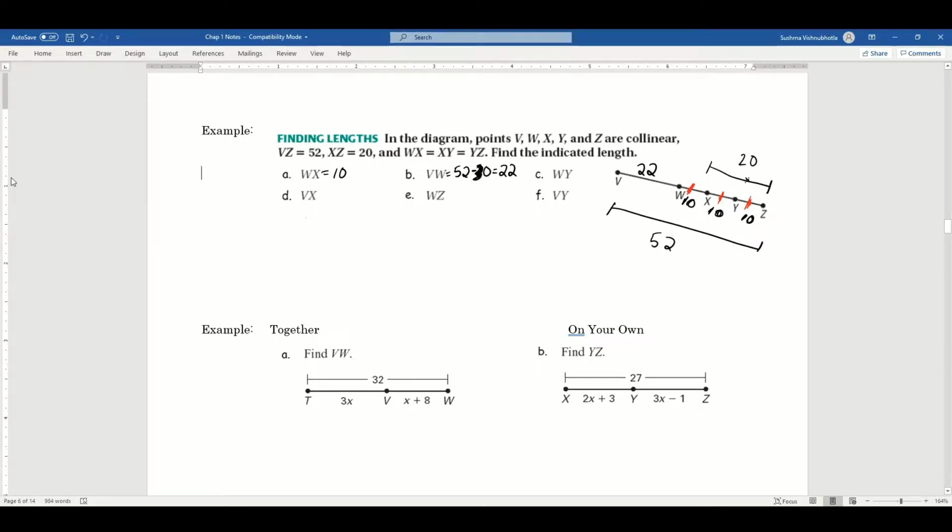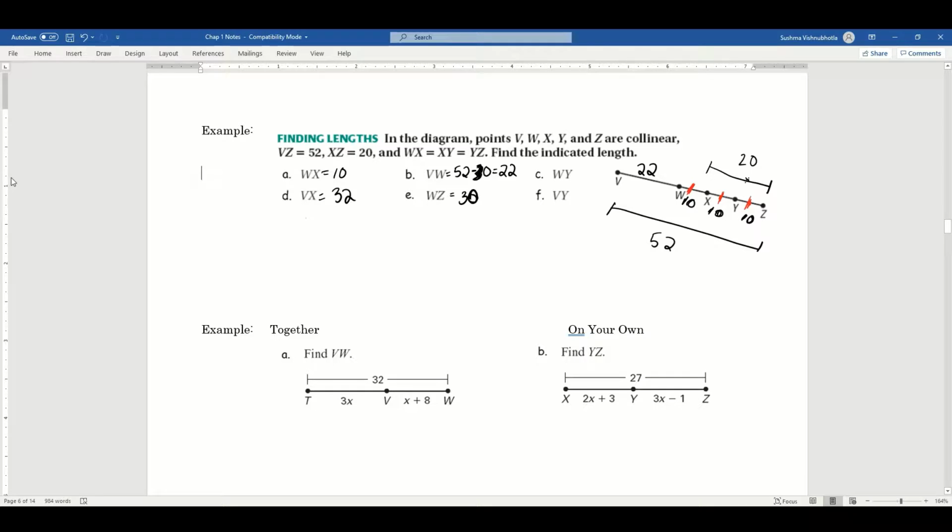And then we can go and fill in the blanks here. Let's see, WZ, we already said has to be 30. So to figure out the lengths, it's like you're walking from one point to the other end point. So VX is going to be this piece right here from V to W and then from W to X. So 22 plus 10, 32.